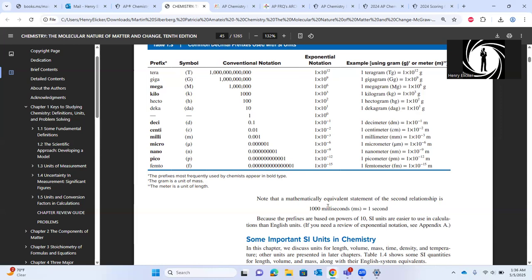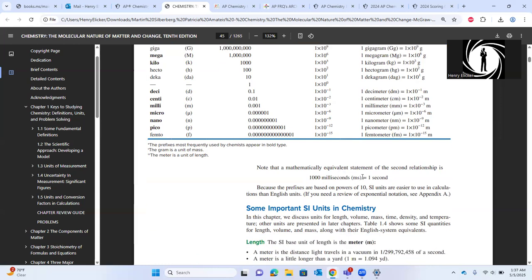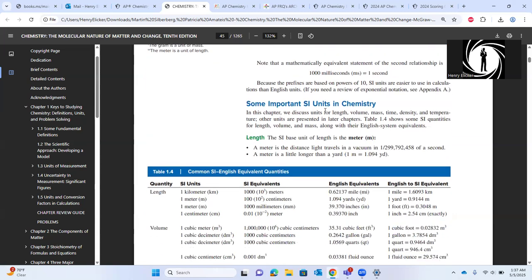You can do that. You can say 10 to the third, or 1,000 milliseconds, is 1 second. So just note that if you say a second, that corresponds to a bunch of smaller fractions of a second. If you use bigger things, they should always be represented with larger numbers of smaller units. That's key.